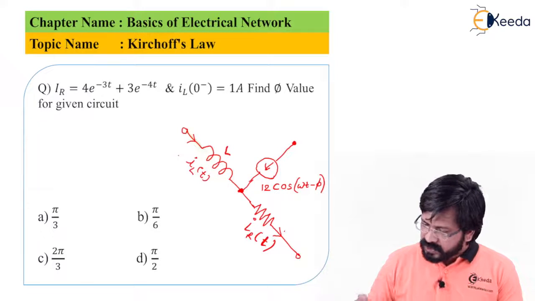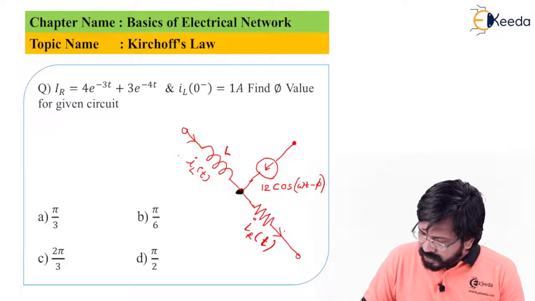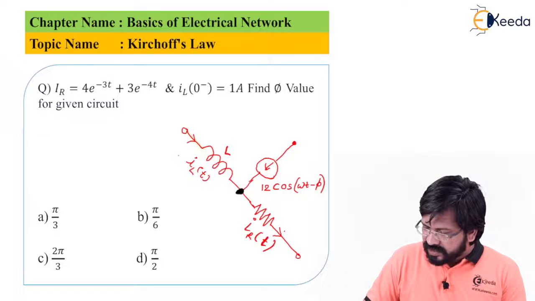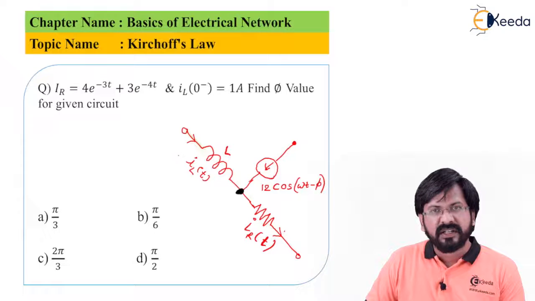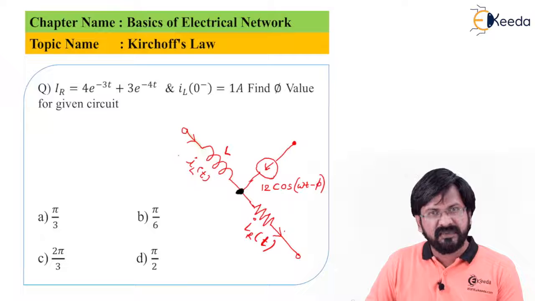Let us begin. At this node I can apply KCL. This is incoming current, this is incoming current, and this is outgoing current. As we have defined in the previous slides, incoming current is treated as negative and outgoing current is treated as positive.